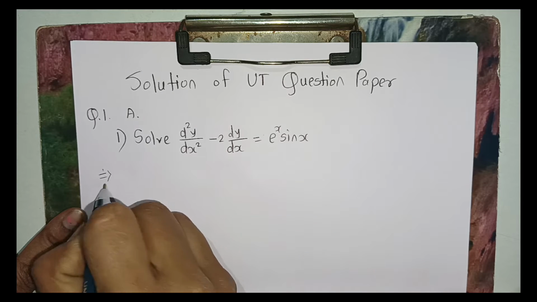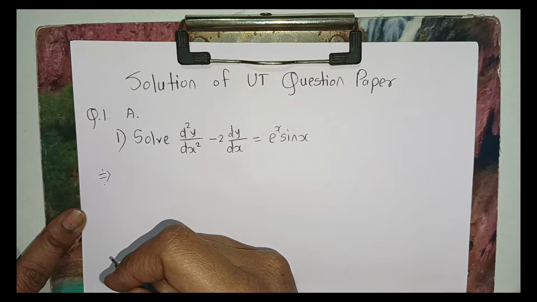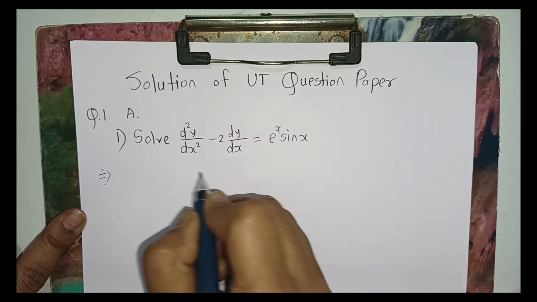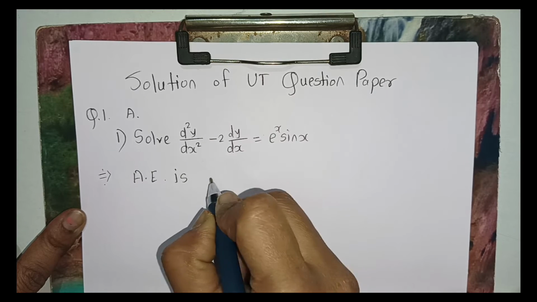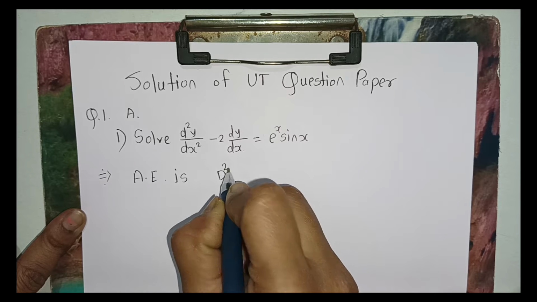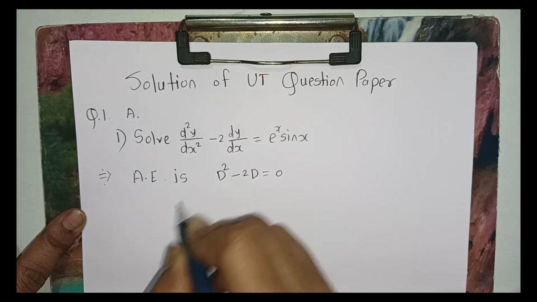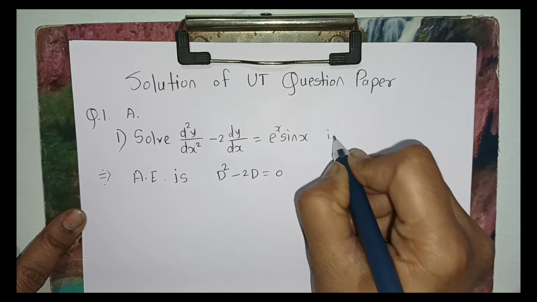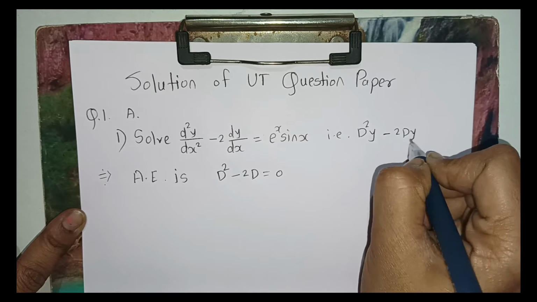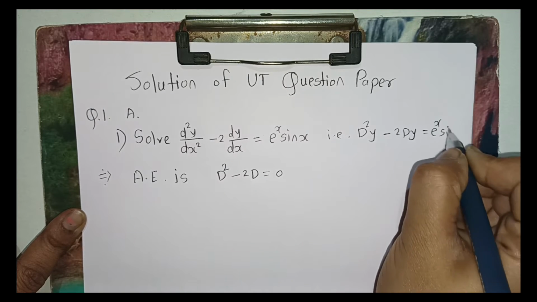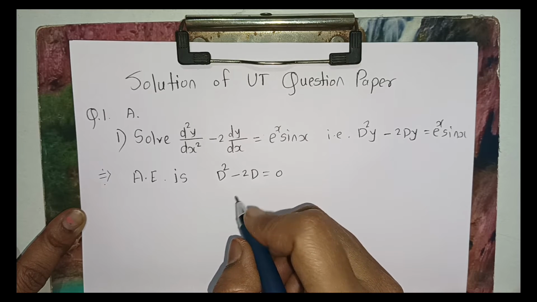So the solution of this differential equation will be y = yc + yp. For yc we have to find the auxiliary equation. The auxiliary equation is D² minus 2D equals 0. The equation can be written as d²y minus 2 dy equals e^x sin x, so taking y in common we obtain the auxiliary equation.